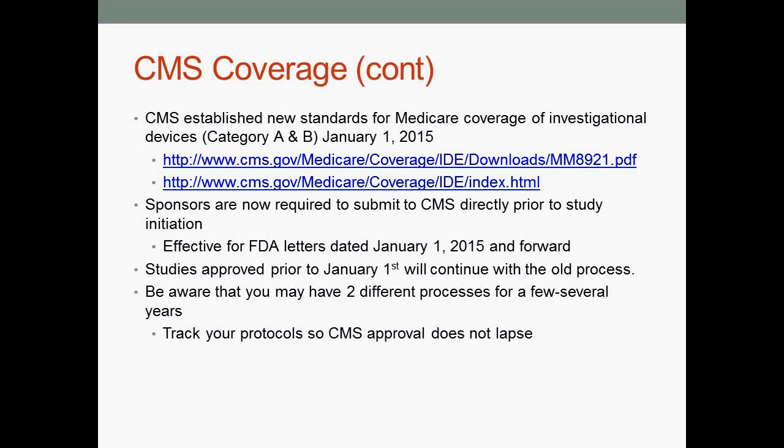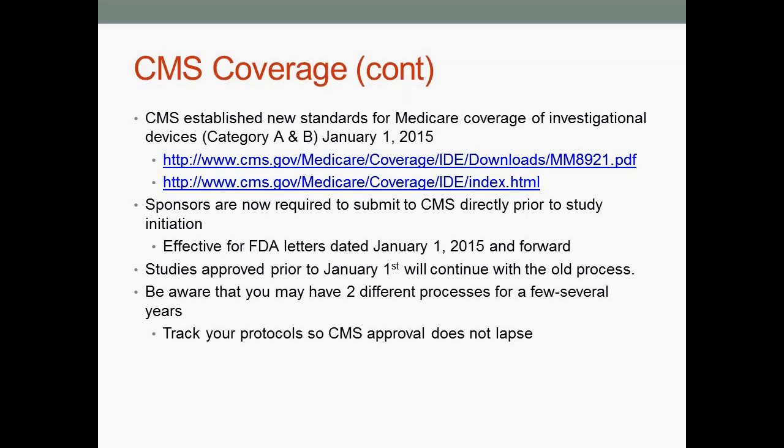So now, if a sponsor has a study with an FDA letter dated January 1st, 2015 or later, they actually have to submit for Medicare approval or CMS approval prior to the study start. Once they submit for the entire study, that information is fed back to the sites.